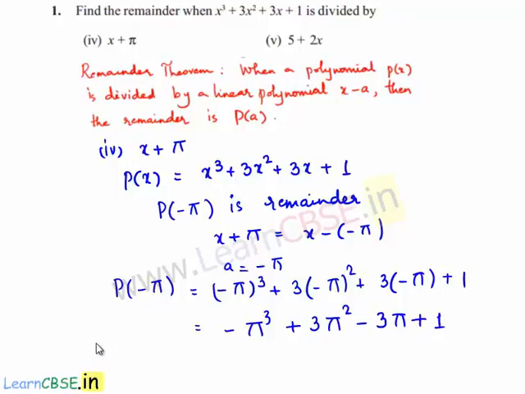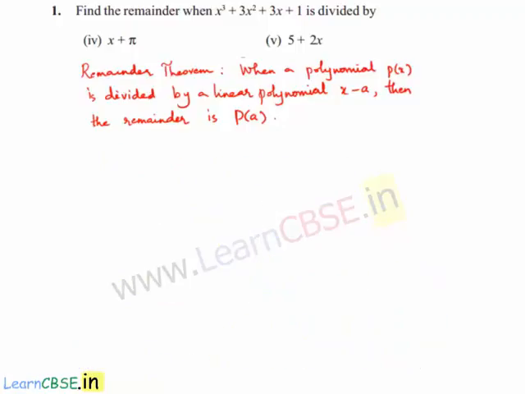Therefore, the remainder is p of minus pi, which is equal to minus pi cube plus 3 pi square minus 3 pi plus 1.